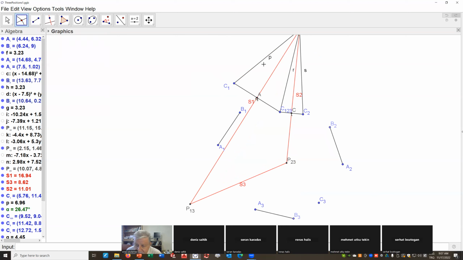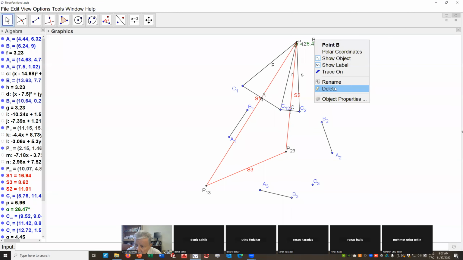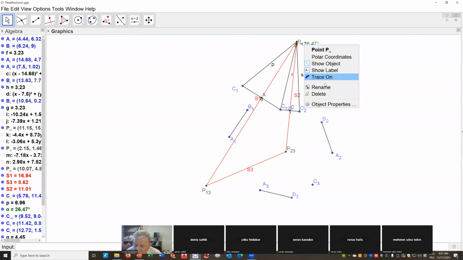That means the total angle C1, P12, C2 is going to be equal to twice the angle P13, P12, P23. Can everybody see that? Any questions?